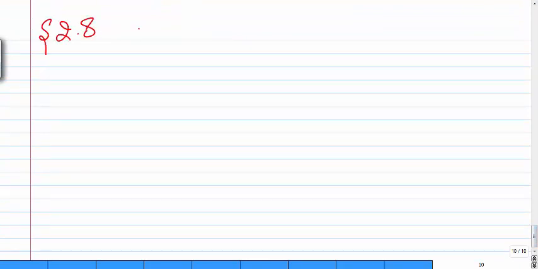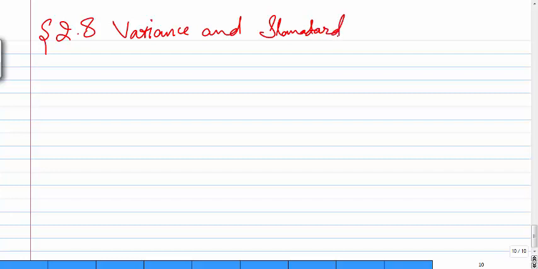2.8, that is variance and standard deviation. So, standard deviation and variance.